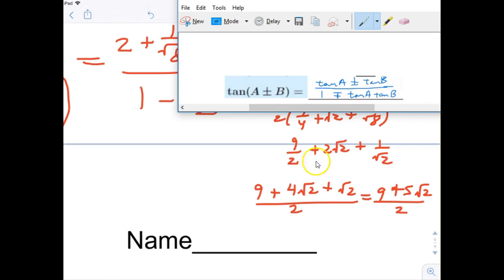Now for the last step, I'm going to put everything over a common denominator of 2. So that would be 9/2 plus, if I put this over a common denominator of 2, I multiply the top and the bottom by 2, so I end up with 4 square root of 2 over 2. If I want to put this over a common denominator of 2, I multiply both the top and the bottom by square root of 2. So square root of 2 over 2. Which I can combine the 4 square root of 2 with square root of 2, I get 5 square root of 2. So my answer is 9 plus 5 square root of 2 over 2.